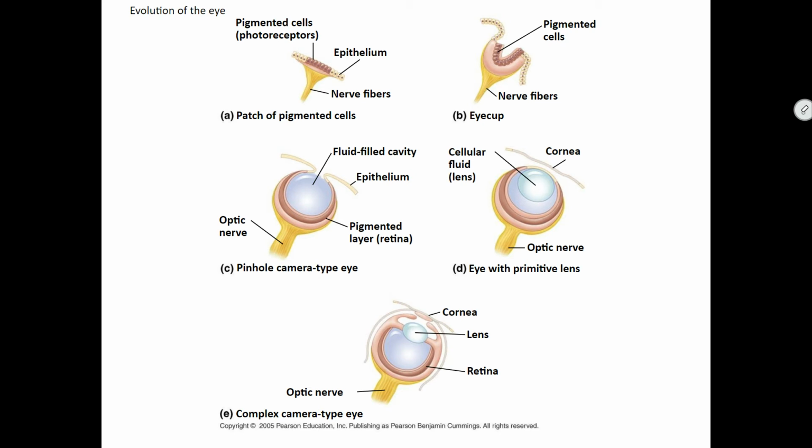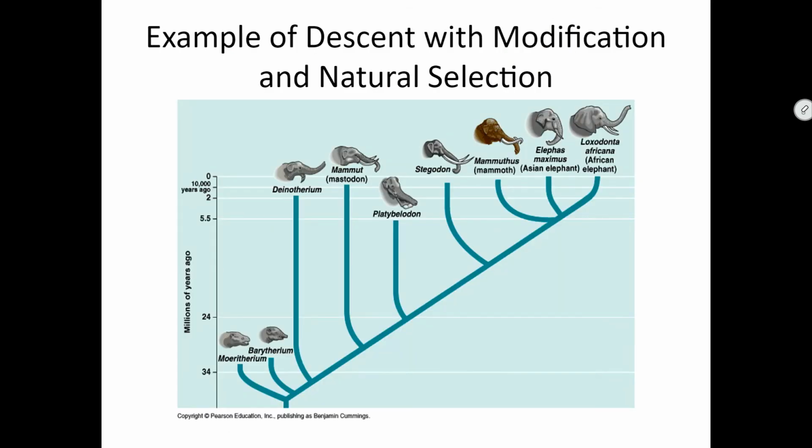And so you get the idea. The eye is just one example of being able to talk about this concept of descent with modification. As time goes on, you're going to expect to see better versions of things. That doesn't mean that the old versions necessarily go away. It's just that the new versions are going to be more and more selected for.